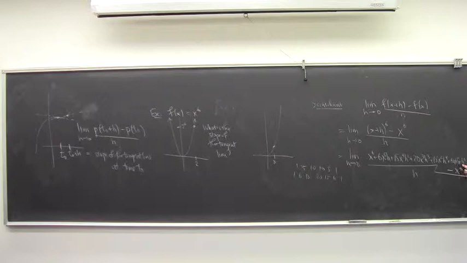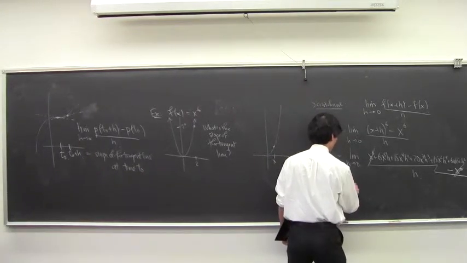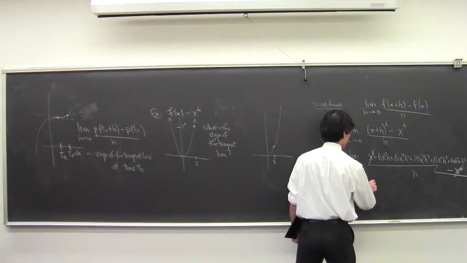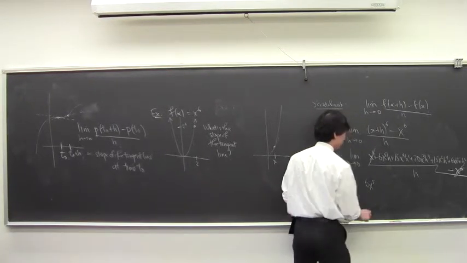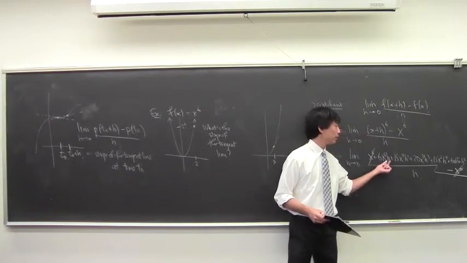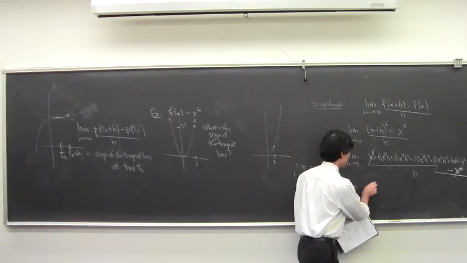6x h to the 5th plus h to the 6th. That's the last term. Okay. So what happens? Thankfully, the x to the 6ths cancel each other off. And then you end up with the limit as h goes to 0 of, well, does anyone see what happens? You've got 1 h here, so that's just going to cancel off: 6x to the 5th.